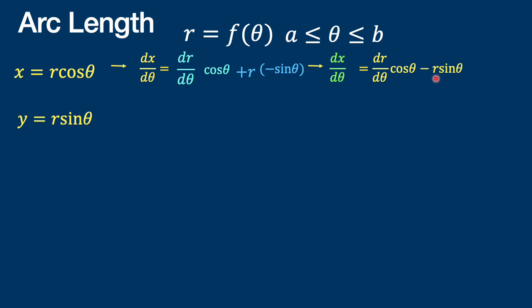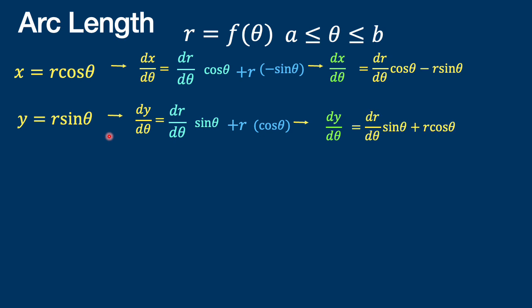We use the product rule for y as well: dy d theta is dr d theta sine theta plus r times the derivative of sine, which is cosine theta. So dy d theta is dr d theta sine theta plus r cosine theta.